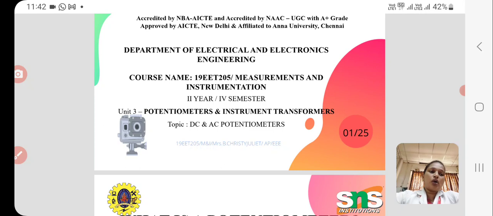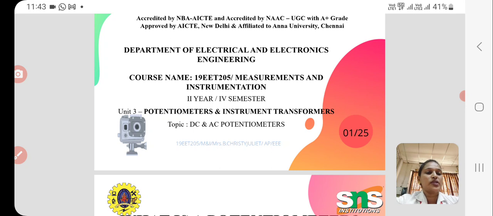So now we are going to see what is meant by potentiometer, why it is being used, where it is used, what are its applications, and then what are its types and basic construction and working principles.